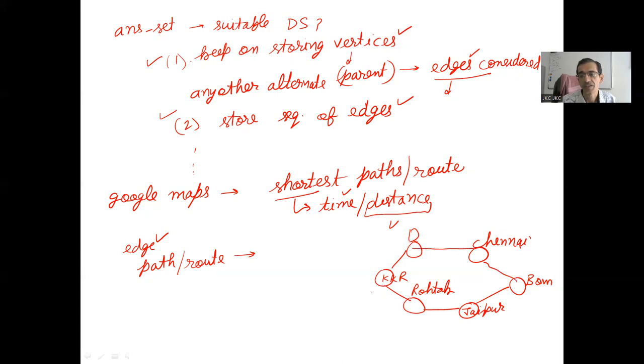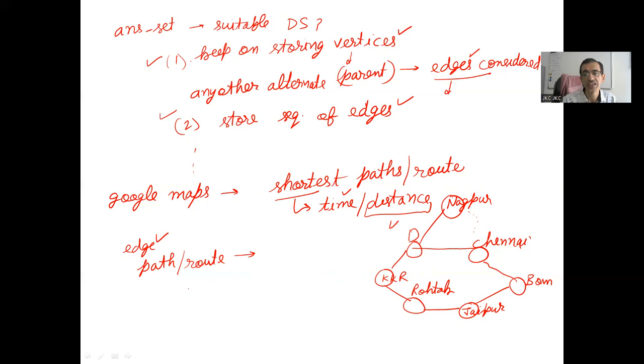Delhi to Chennai directly could be another route. Similarly, from Delhi you could go to Nagpur, and Nagpur to some other city. So effectively, I have multiple paths, multiple routes possible.